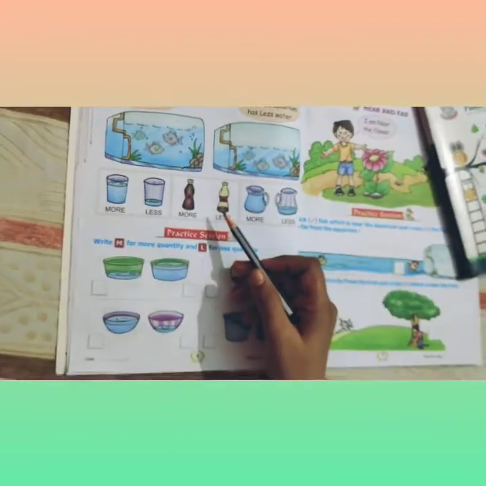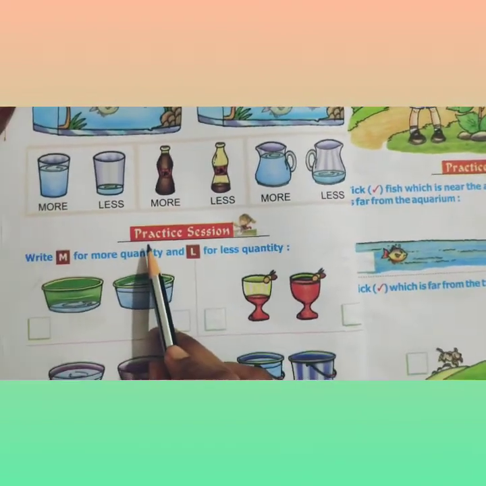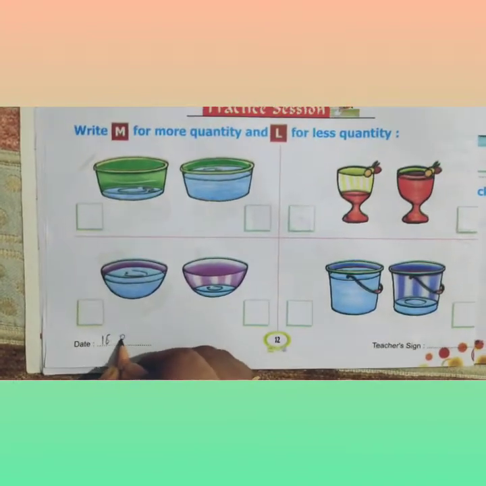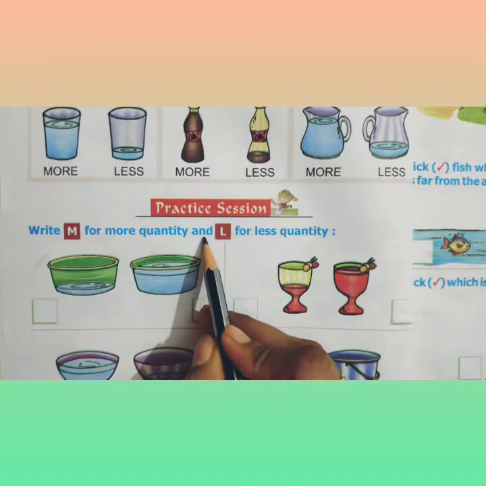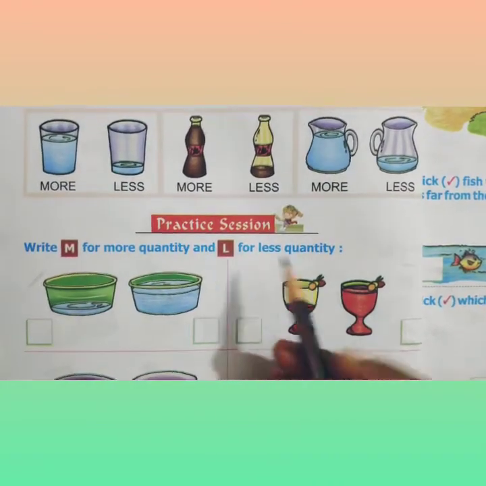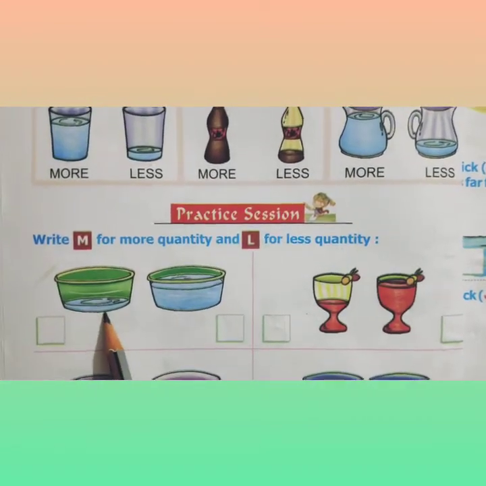Okay, one practice session is given here. First, all of you write the date, and the question is: write M for more quantity and L for less quantity. See, here two buckets are given.